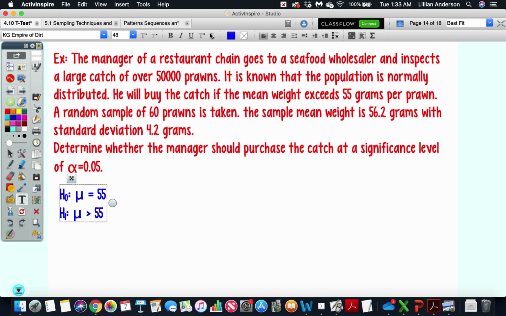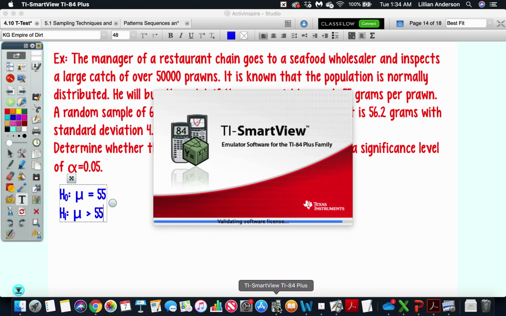So our null hypothesis is that the mean weight is 55 grams per prawn, and the alternative hypothesis is that the mean weight exceeds 55 grams per prawn. We're trying to see if we should accept or reject our null hypothesis. We already know our significance level is 0.05. So again, if the p-value is less than the significance level, then we are going to reject. Otherwise, we are going to not reject.